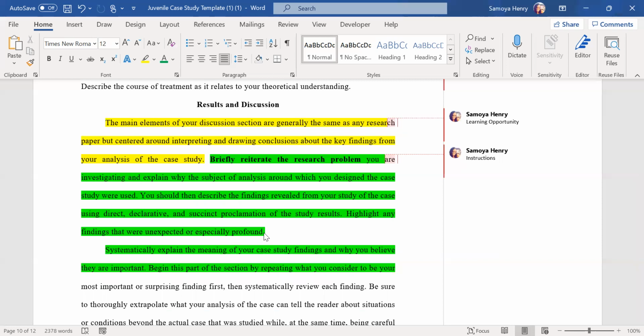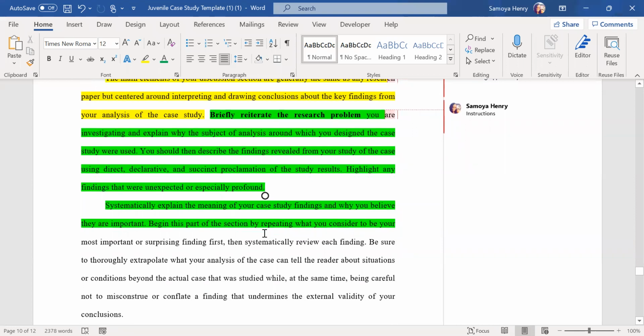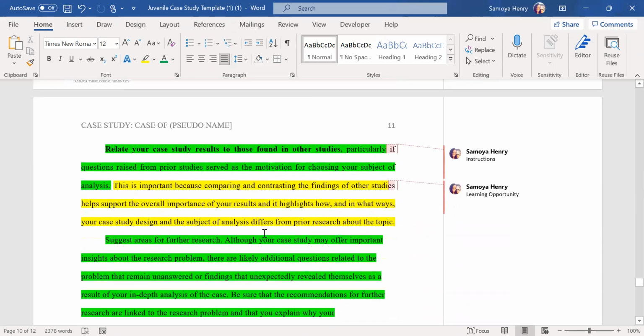And there are some studies out there that have proven that, and it doesn't matter which culture or which country you are from, the results are the same. That's it. And based on what you found in the case study, relate your case study to those found in others.